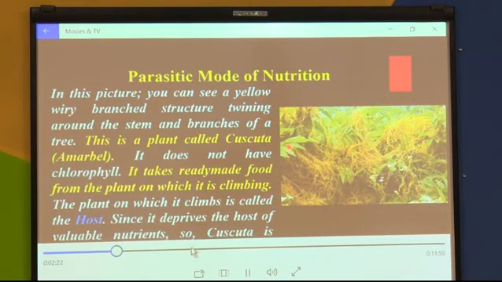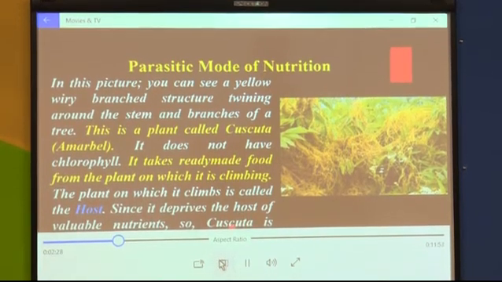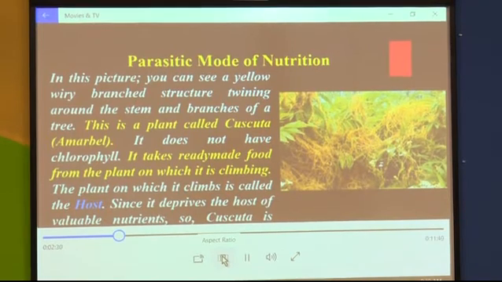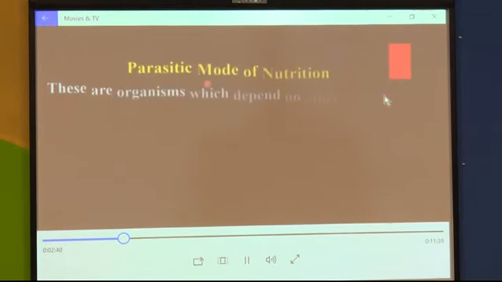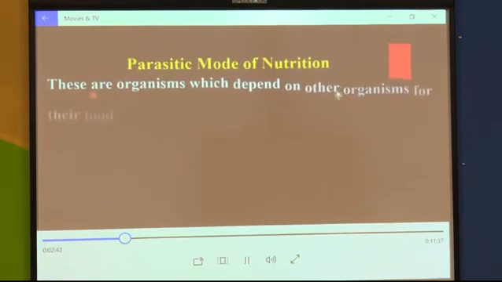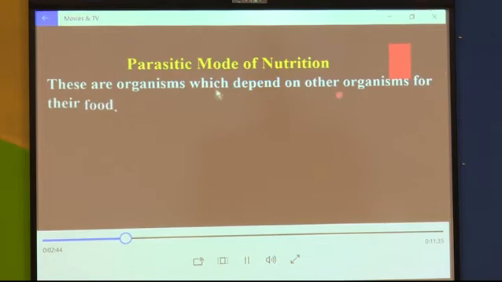It does not have chlorophyll, that is why it is a heterotroph. It takes ready-made food from the plant on which it is climbing. Okay. So, let us see a video for this parasitic mode of nutrition.